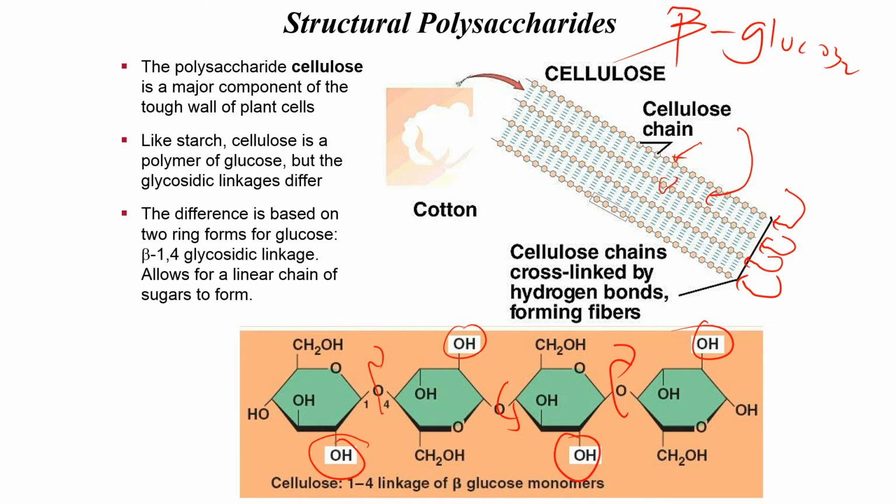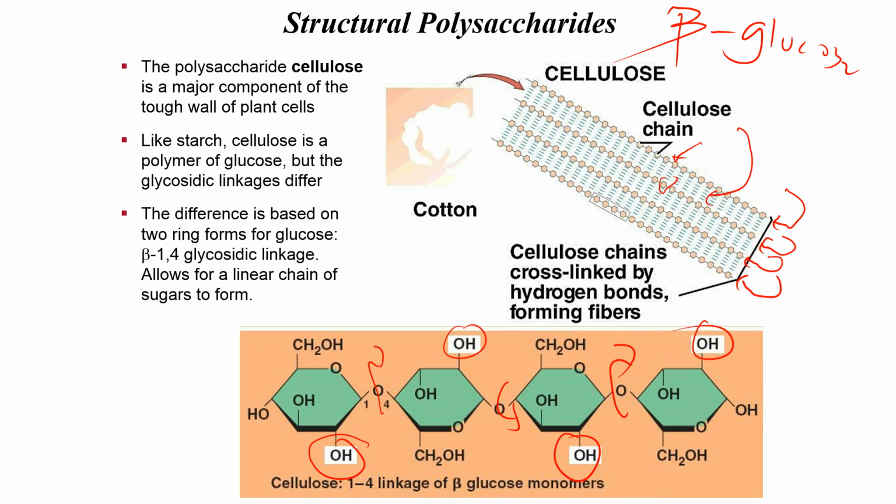Notice that the cellulose molecules are stacked on top of one another. This orientation, the flipping of the sugar molecules, allows for these OH groups to interact with the chain of glucose molecules above it and below it, and you can form hydrogen bonds. It's basically like laying sheets on top of one another.